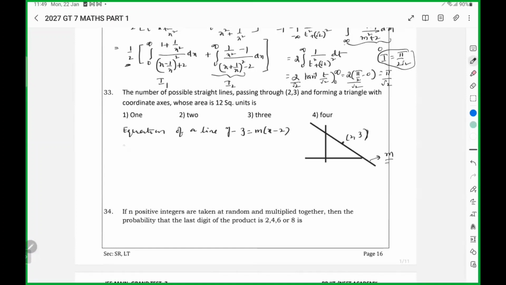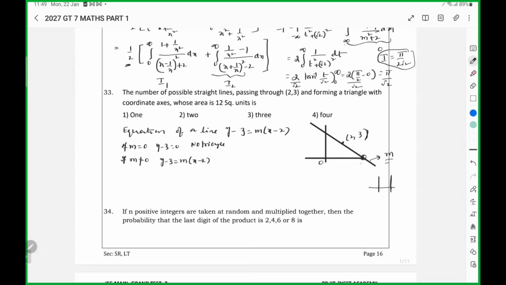So if m is 0, y minus 3 is 0, meaning y equals 3, which is parallel to the x-axis, so no triangle. If m is non-zero, then y minus 3 equals m times x minus 2.